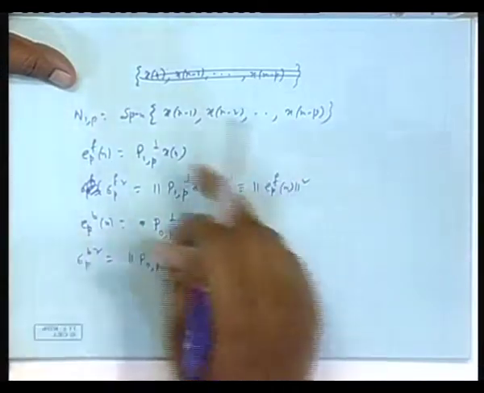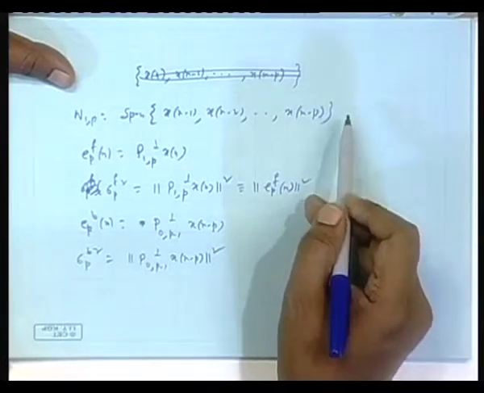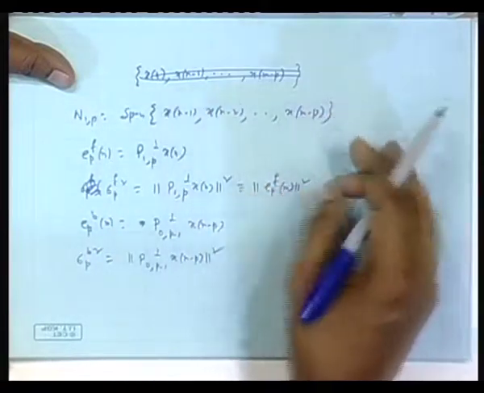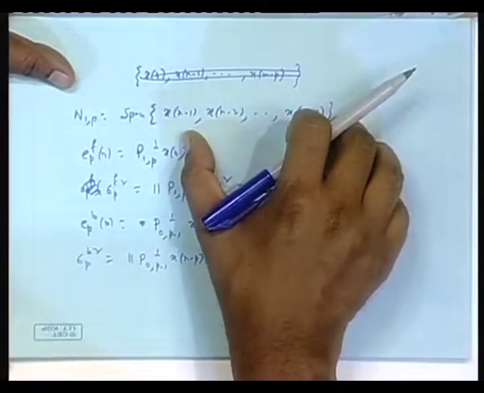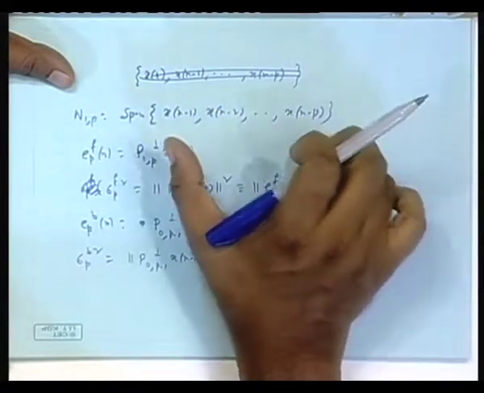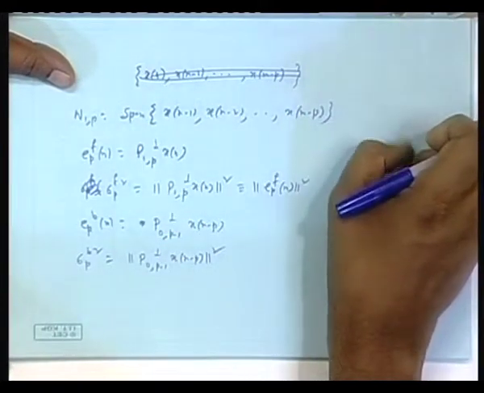That means x n was to be projected on the space spanned by not just x n minus 1 to x n minus p, but one more element. What I did, that element is x n minus p minus 1. So, what is the net space? If you take x n minus p minus 1, project it orthogonally on this, and take the error, then this net subspace will be the direct sum, or orthogonal sum, of the span of this and the space spanned by that error term.